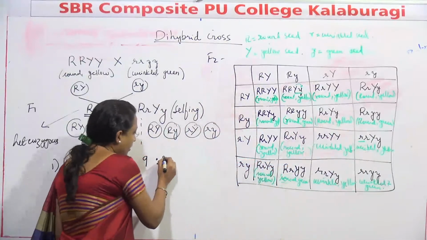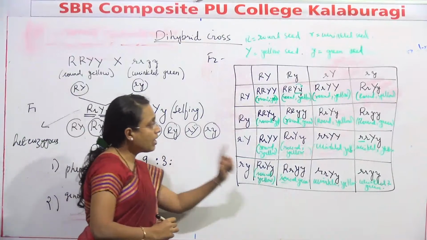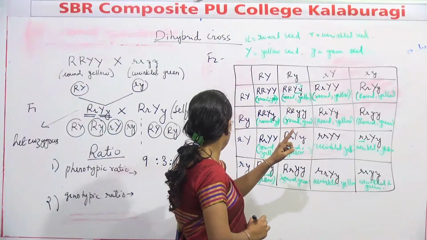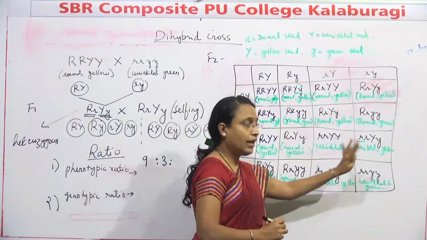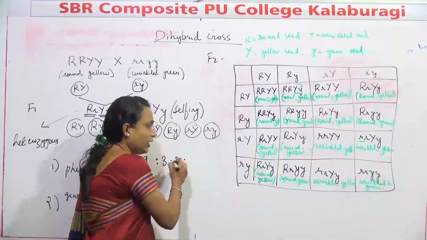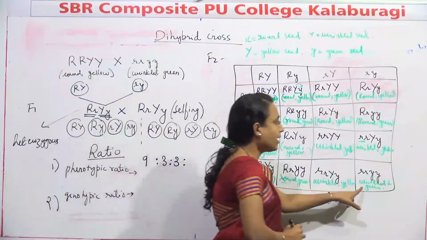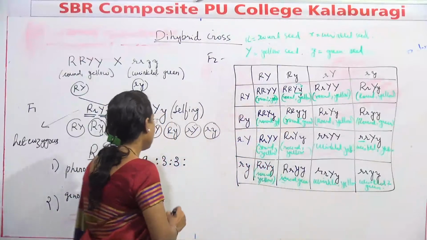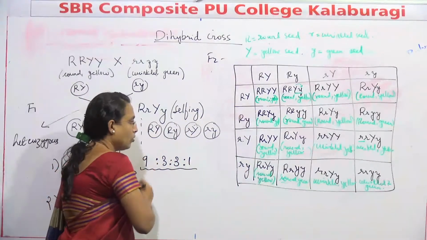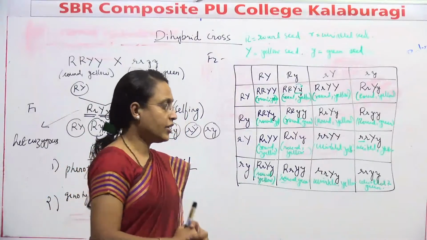Then wrinkled and yellow will be 3. And the last one will be wrinkled and green, and that is 1. So this ratio which is obtained is called the phenotypic ratio.